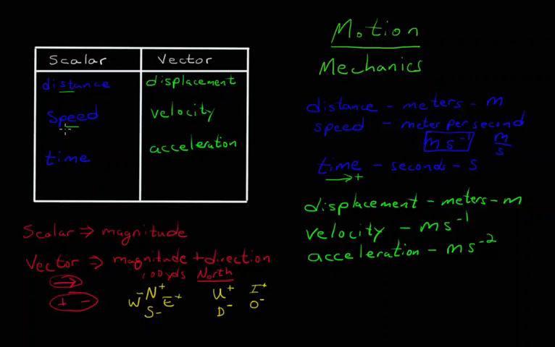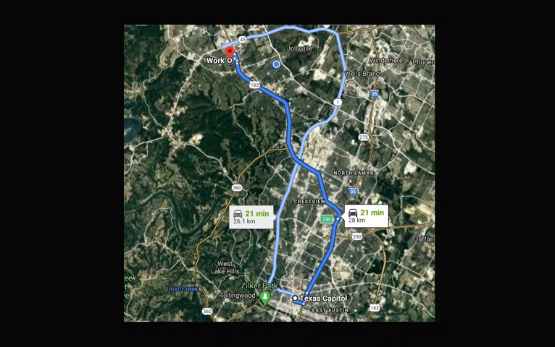So speed is a scalar, velocity is a vector, acceleration can only be a vector, time can only be a scalar. Okay, so I've got that covered, and we'll talk more about what all of these are, especially as we get into this.